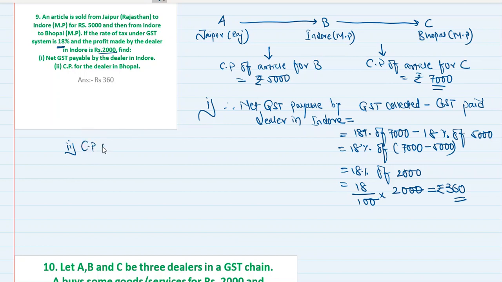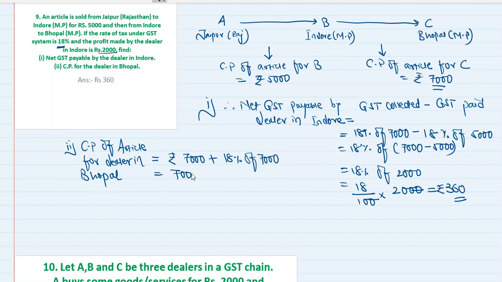So the cost price of the article for the dealer in Bhopal is equal to rupees 7,000 plus 18% of 7,000.